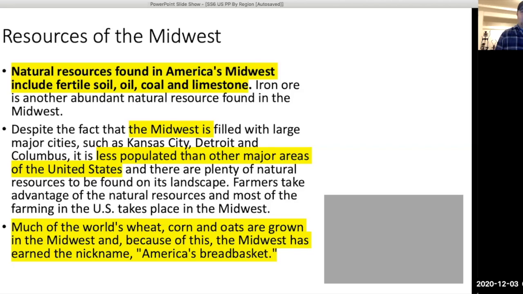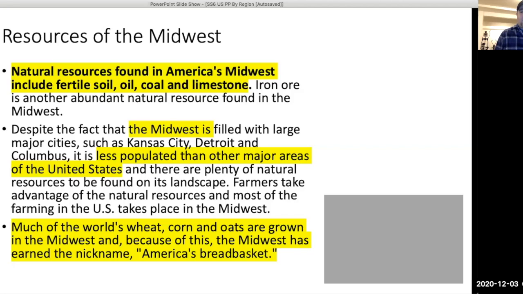There's lots of farming going on in these communities, lots of oil production, natural gas production, farming, ranching, all kinds of agriculture. Much of the world's wheat, corn, and oats are grown in the Midwest. Because of this, the Midwest has earned the name America's breadbasket.